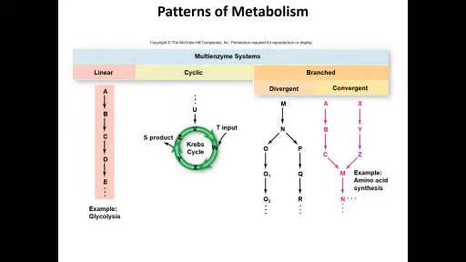Now, the other type of metabolic pathway form will be a cyclical pathway. For instance, they give the example of the Krebs cycle, which we'll talk about in the next series of slides.